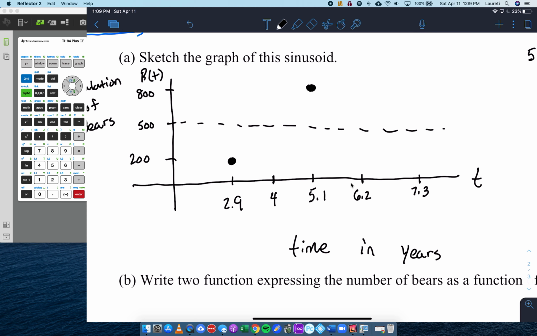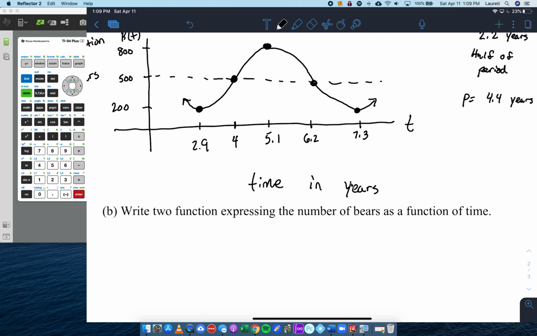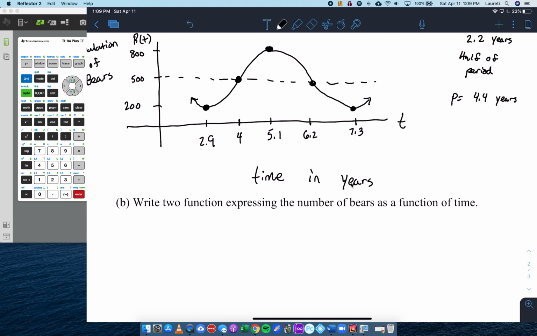So you're going low, axis, high, axis, back down to the low, okay? So that is your curve for this bear population, okay? So what we're going to do again is we're going to write an equation, all right?